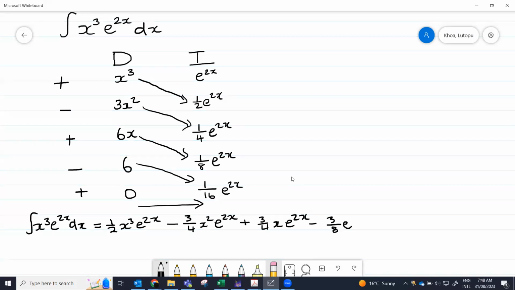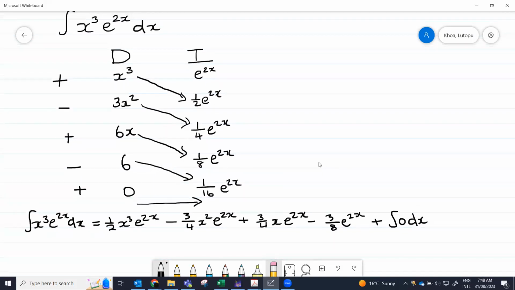then e to the power of 2x, and then we said with the last horizontal arrow you add and you integrate. So 0 times this is just 0 dx, and we know that the integral of 0 is a constant.